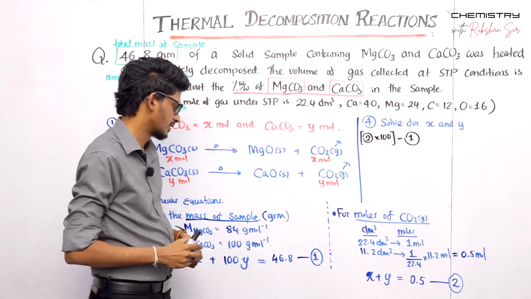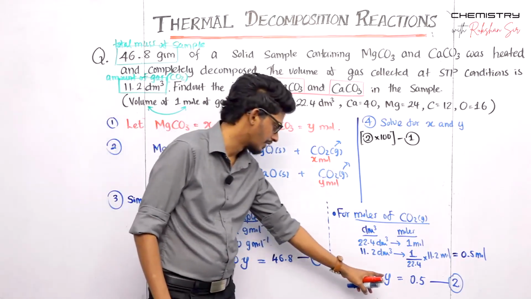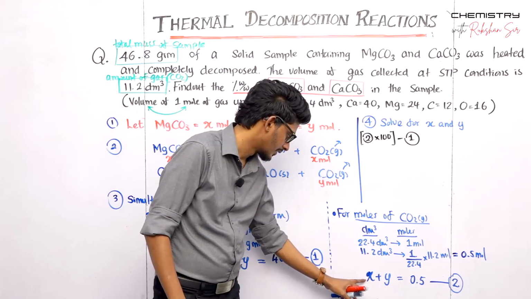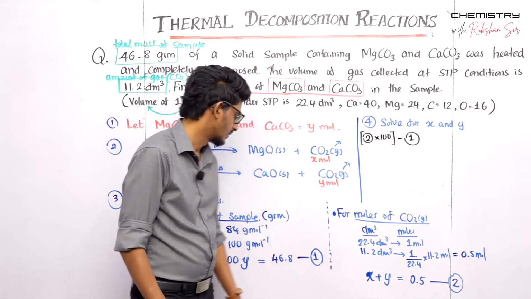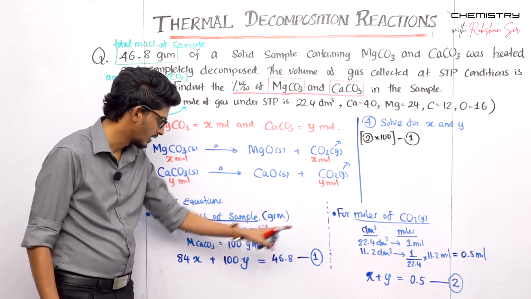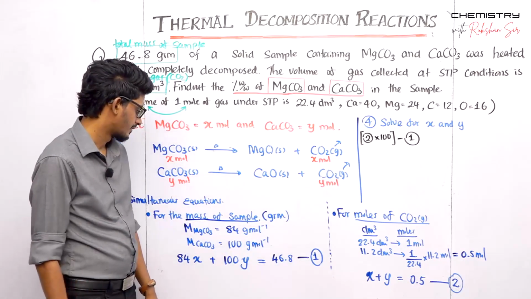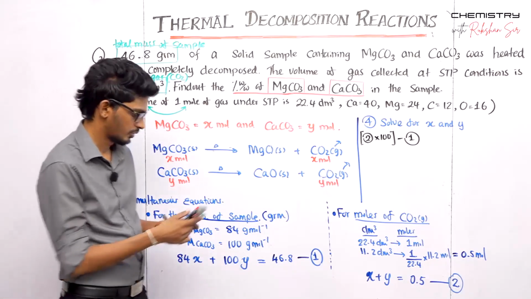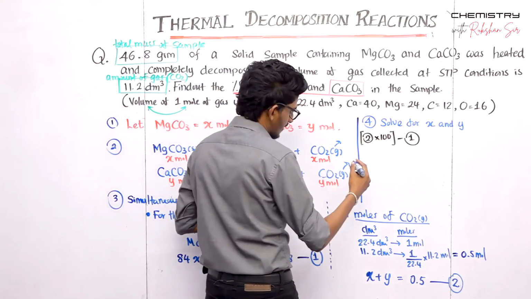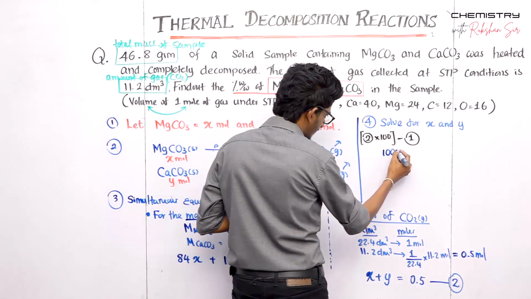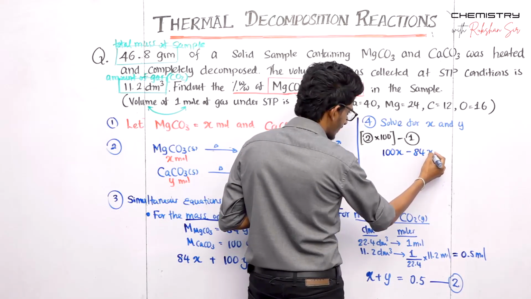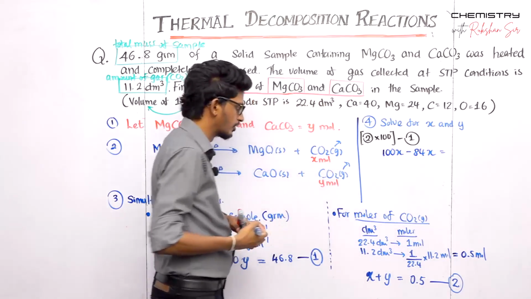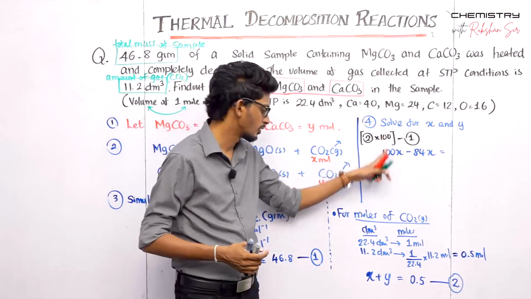Multiplying the second equation by 100 means you will have 100y and 100x, and I am deducting the first. So the 100y and 100y will cancel off, and x will remain. So we'll have 100x minus 84x. Just writing the x is enough, because we have done this operation to cancel off the y.